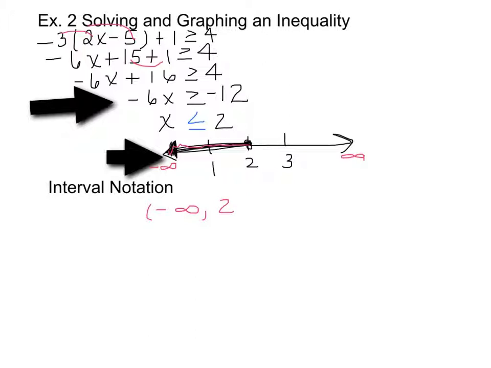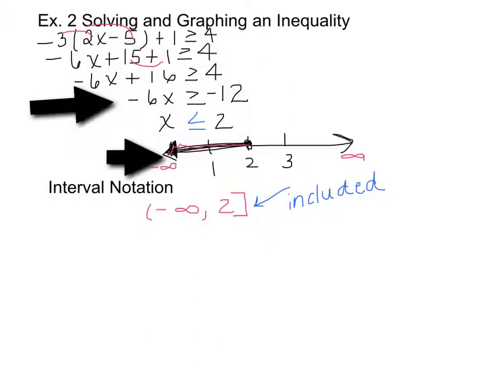And because 2 is included, we use bracket. Bracket means the number is included. So that's the only time when you would use a bracket, is if the number is included in the solution. If not, then it'll be open parentheses.